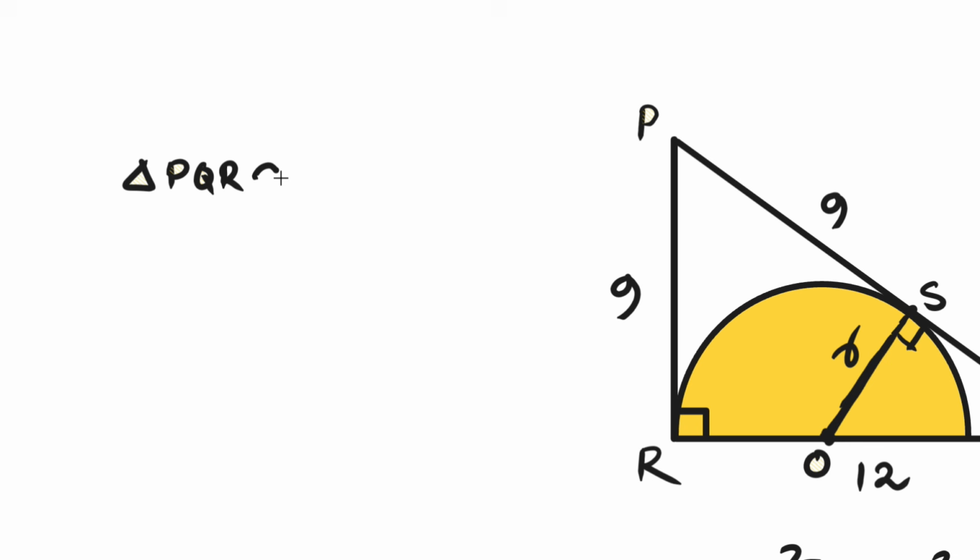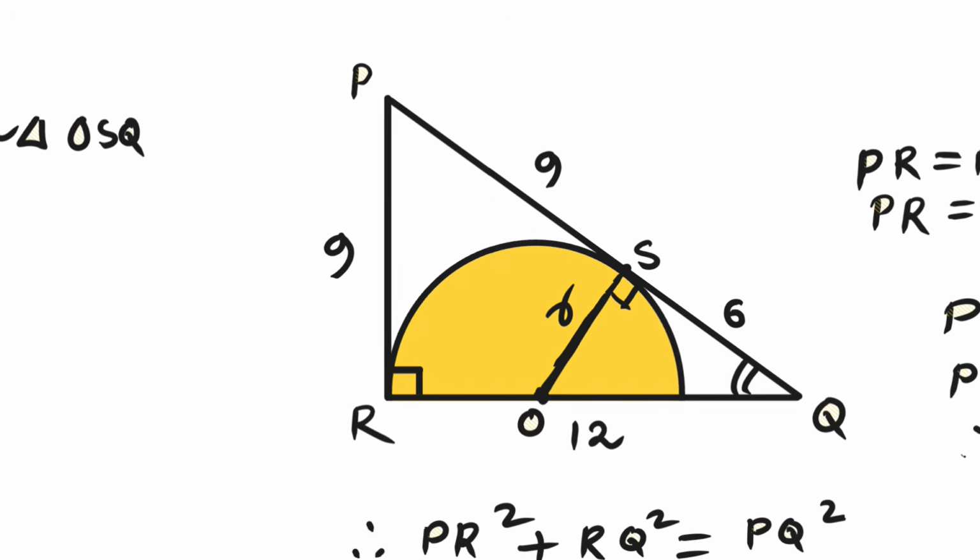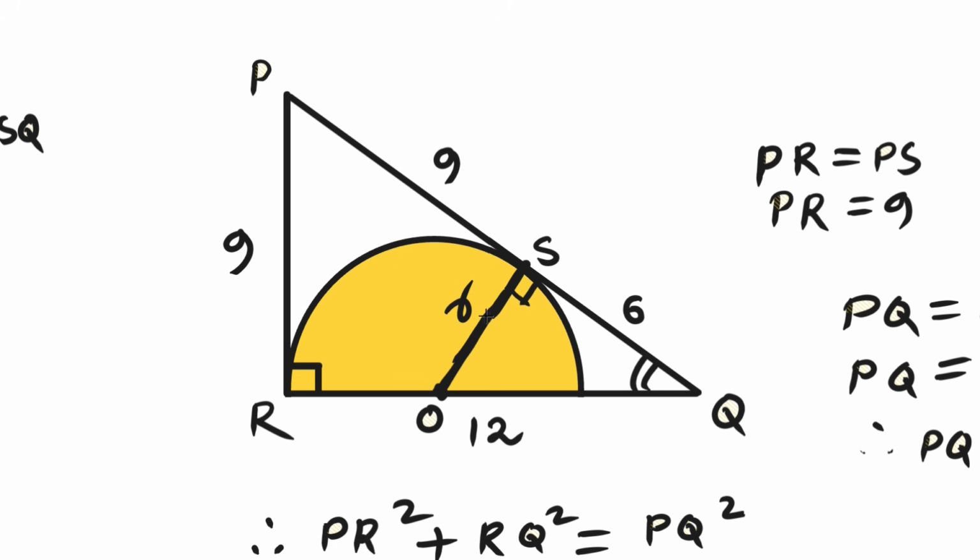This is the key observation that allows us to connect the radius of the semicircle to the dimensions of the large triangle. Let's match the corresponding sides carefully. In the small triangle, OS is the vertical leg, and its length is the radius R. The side SQ has length 6.